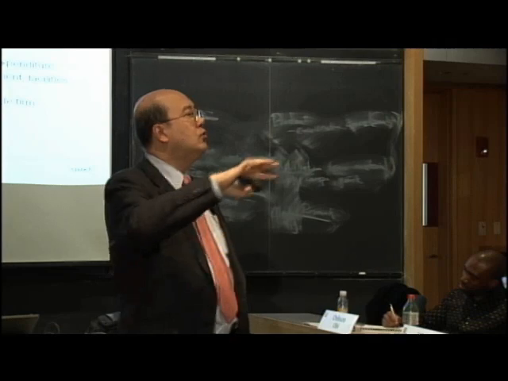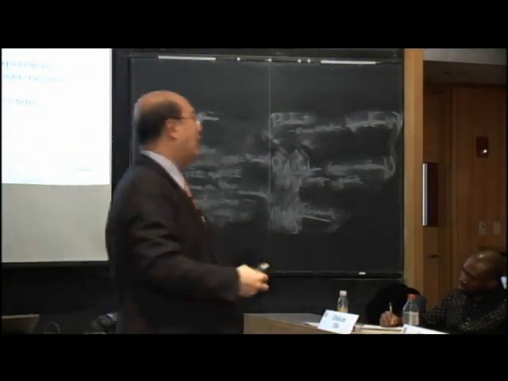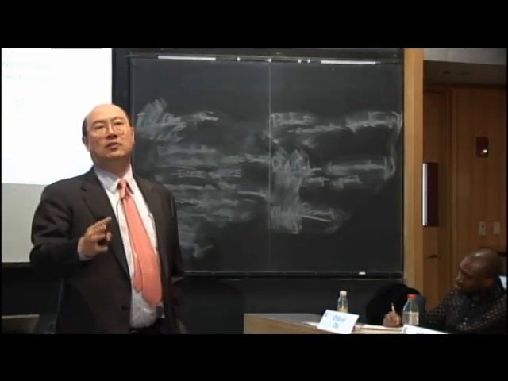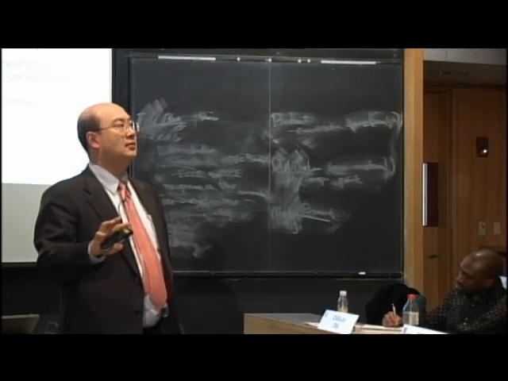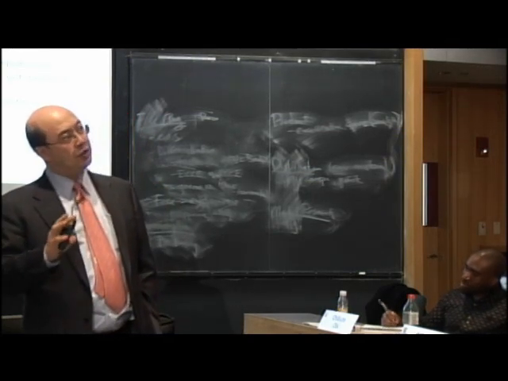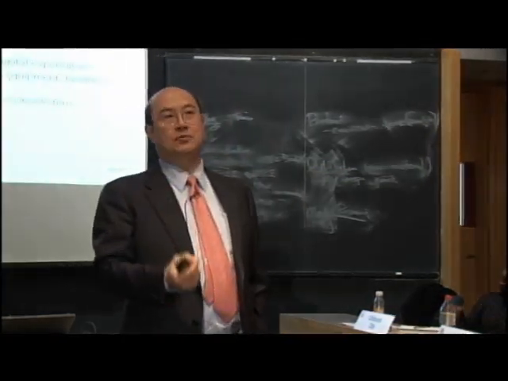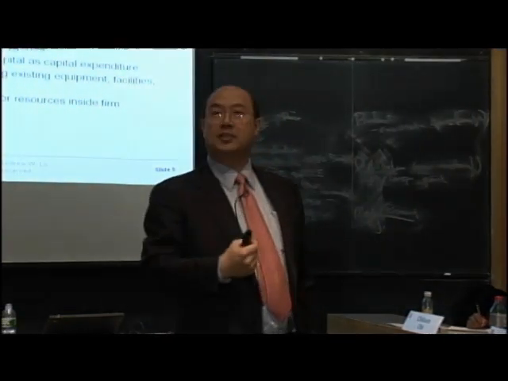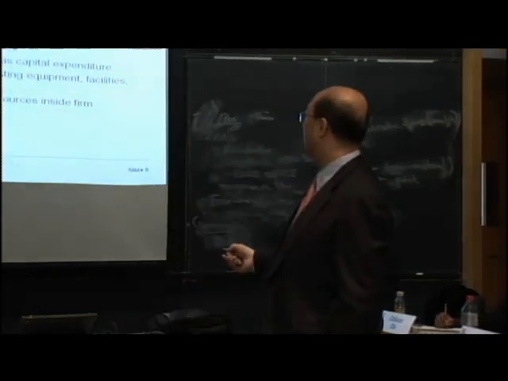Now, how you account for the loss in value of that machine, how the machine gets used up over 15 years, is a matter of accounting practice that may have no bearing on the actual economics of the machine. But it has absolute bearing on the cash flows that you are going to receive, because you get to deduct depreciation expenses off of your taxes. So after-tax cash flows are important.